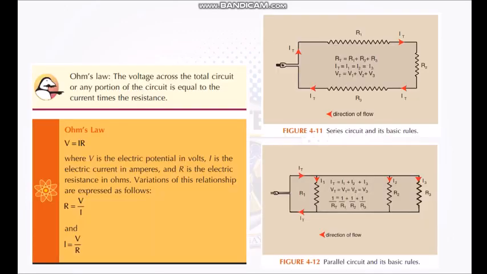In Ohm's law, the voltage across a total circuit or any portion of the circuit is equal to the current times resistance. Current is I, the intensity of the current, letter I, and resistance is R. I is measured in amperes and R is measured in ohms.